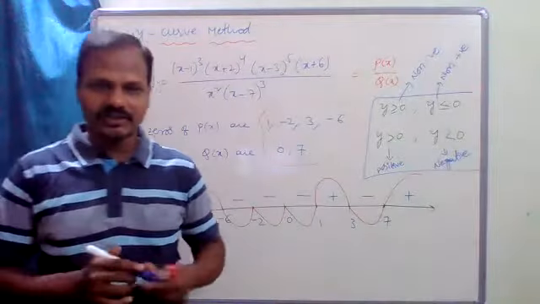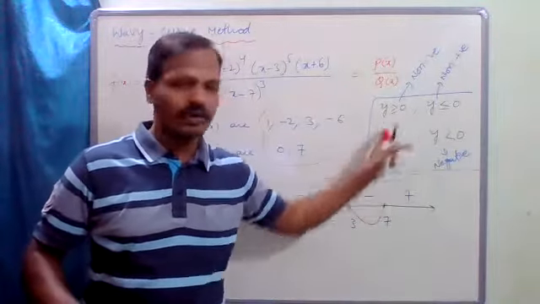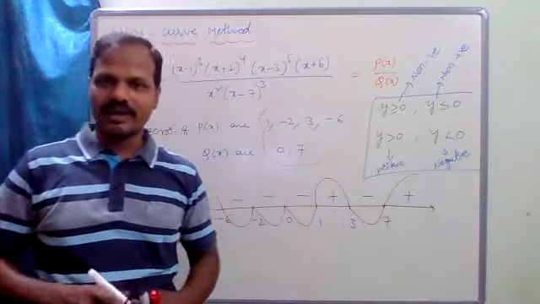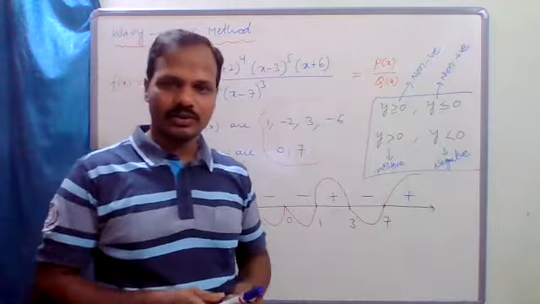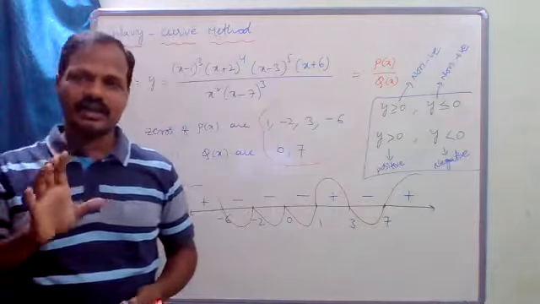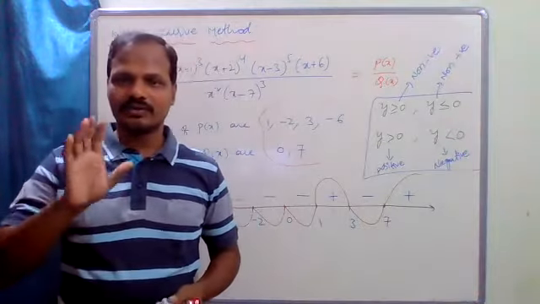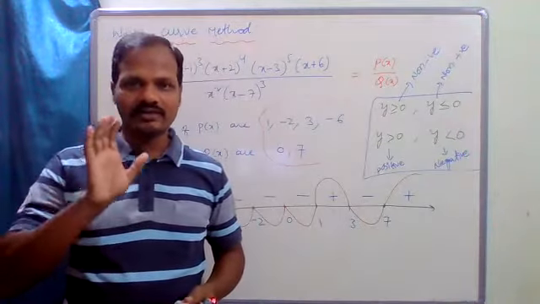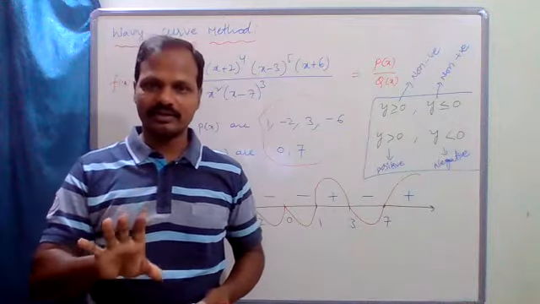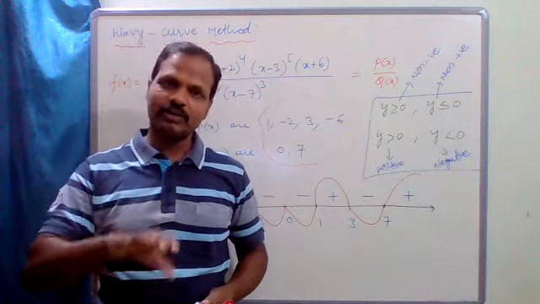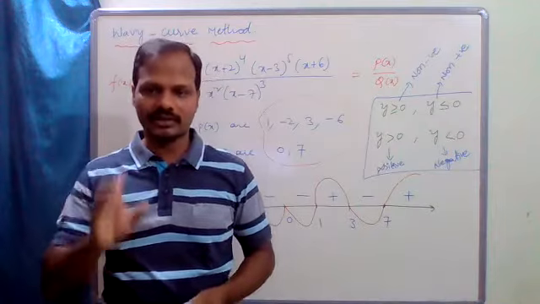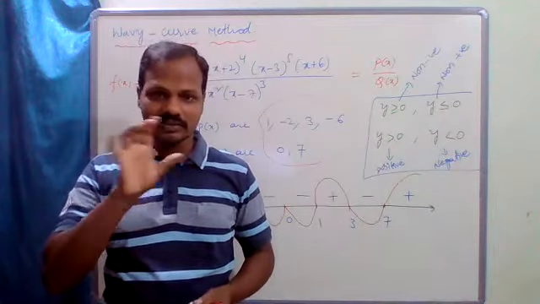Is it clear? So this is the main point. Remember these 4 cases. While writing the intervals, you should be careful about what they are asking: y is positive, negative, non-negative, or non-positive. You have to be clear about these words.